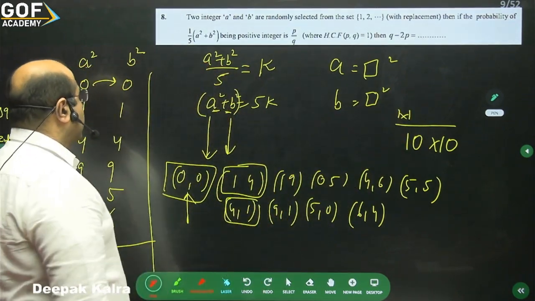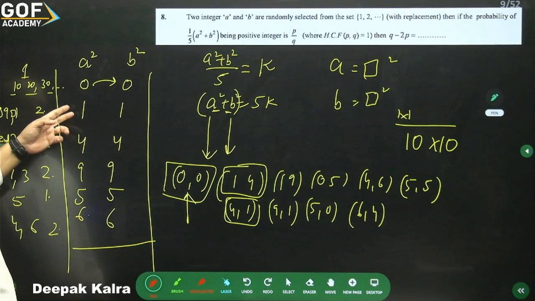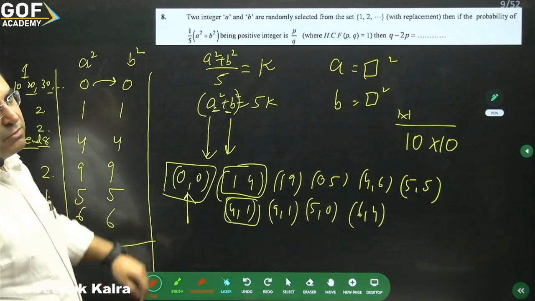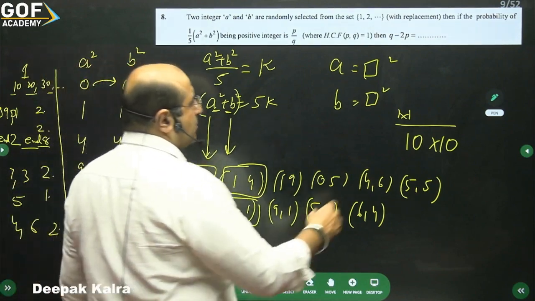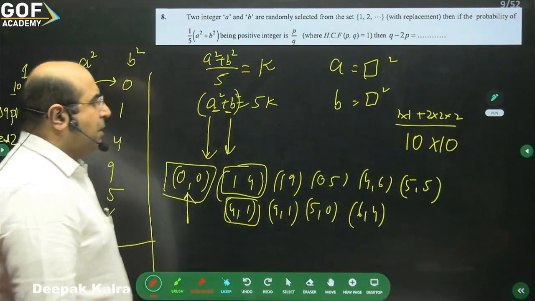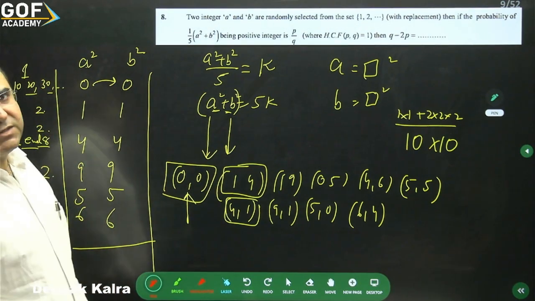Then 1, 4. Two possibilities here. And 2 here, 2 cross 2, and the interchange of this, 2 cross 2. Like this you have to do for the rest, then you can get the answer. Do you understand what I did?